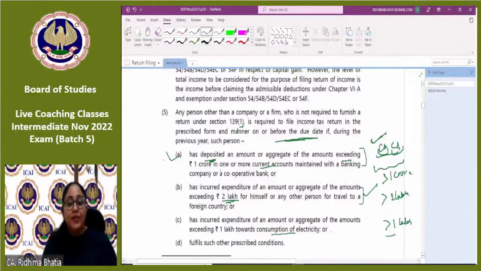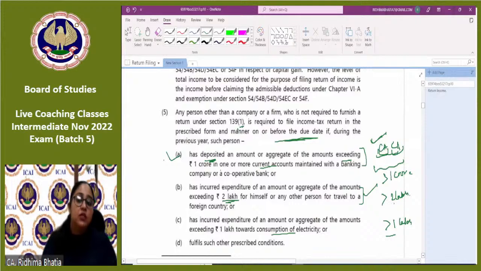And students, let me tell you, there is an extension to this provision made, but that is not applicable to you. But what you have to remember is, just see if the applicability comes in the RTP of November attempt. What you have to see is if the current account deposit is more than 1 crore, if foreign travel is more than 2 lakhs, or if electricity consumption is more than 1 lakh.